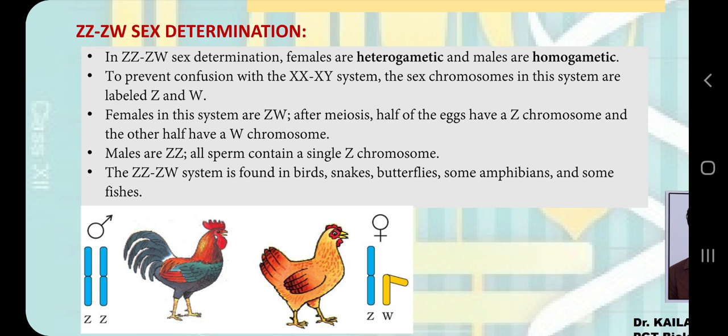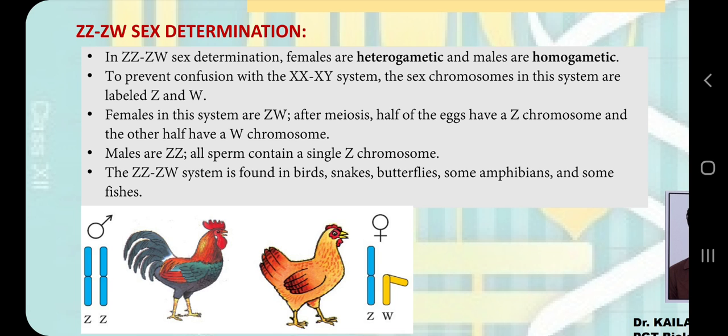Here the sex chromosomes are labeled Z and W. It is very simple, and exactly the same concept applies here, but the difference is the female is heterogametic and the male is homogametic. So females in these systems are ZW. After meiosis, half of the eggs have a Z chromosome and the other half have a W chromosome. The males are ZZ. All sperms contain a single Z chromosome.